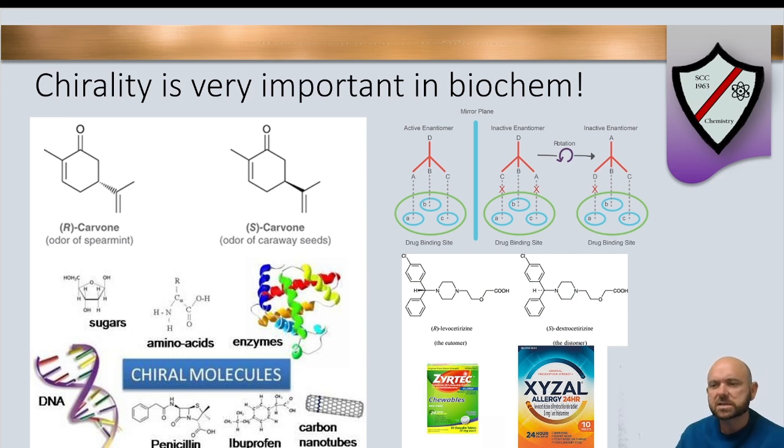I got to looking at it, and it turns out all that happened was some manufacturer figured out how to separate the active enantiomer from the inactive enantiomer, and so they sell only the active enantiomer as the preparation known as Xyzal. They're the same drug, it's just that Zyrtec is 50-50 active and inactive enantiomer, both molecules being mirror images of one another, where Xyzal is only the active enantiomer in pill form. Somebody figured out a way to separate it, which is not always the easiest thing to do.